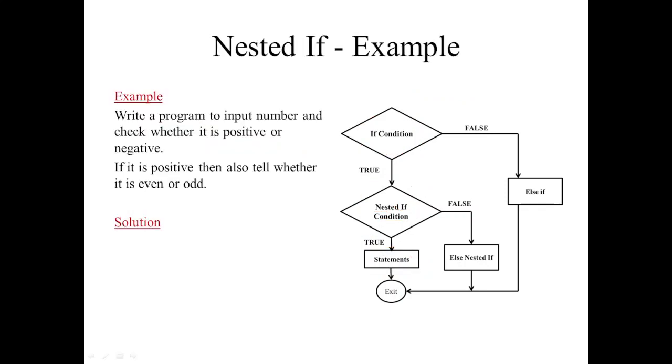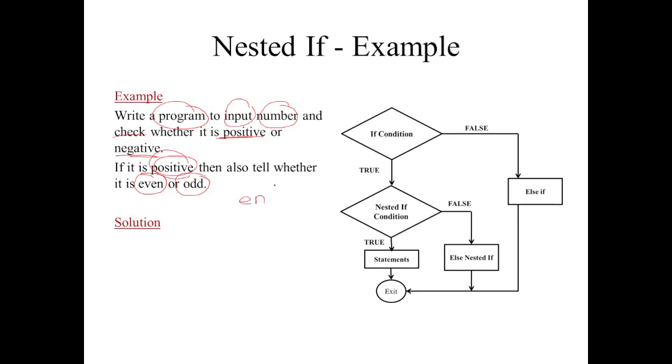Okay, let us discuss it through an example which is very simple. Here a user is asked to write a program in which he will input a number and we will check whether the number is positive or negative. If the number is positive, then we will check another condition, whether the number is even or odd.